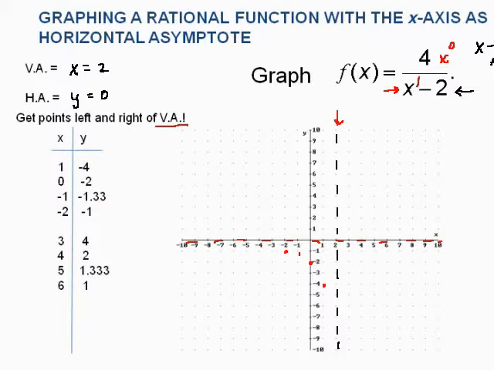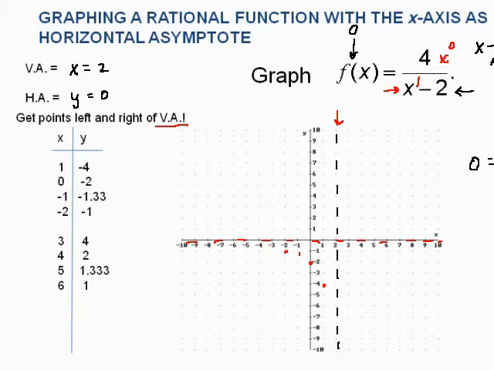Now, since y equals 0, will anything ever cross the HA? Will it touch the VA? Like I said, the graph will never cross or touch the vertical asymptote. The horizontal, it may. So knowing that the horizontal asymptote is y equals 0, if we plug 0 in here for f of x and try to solve, let's do it. 0 equals 4 over x minus 2.